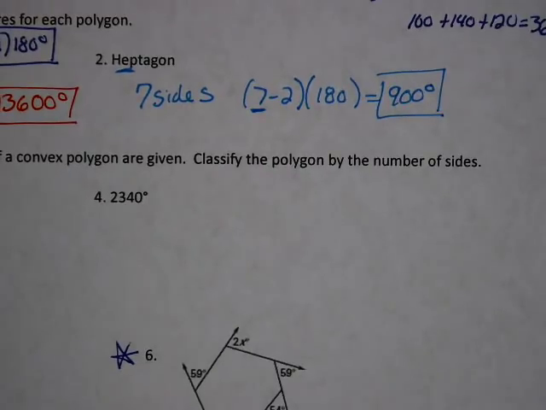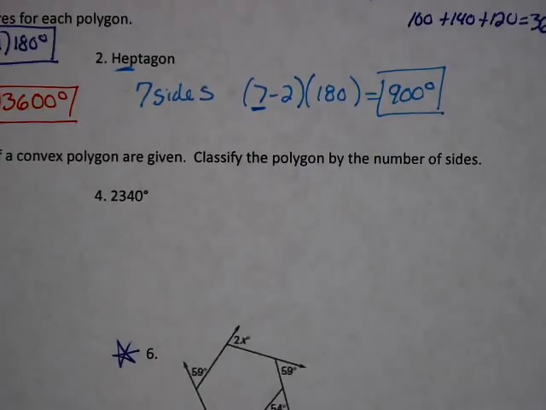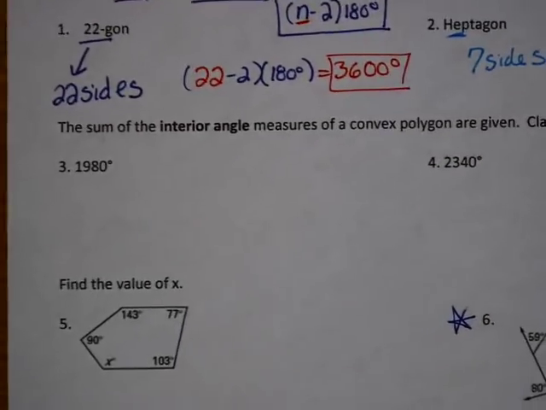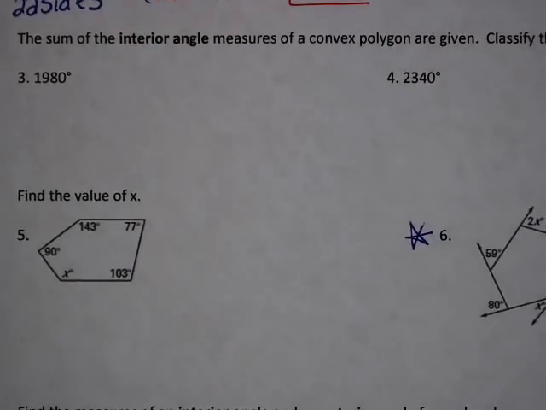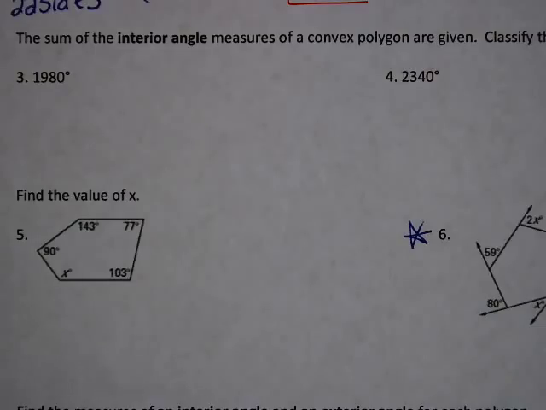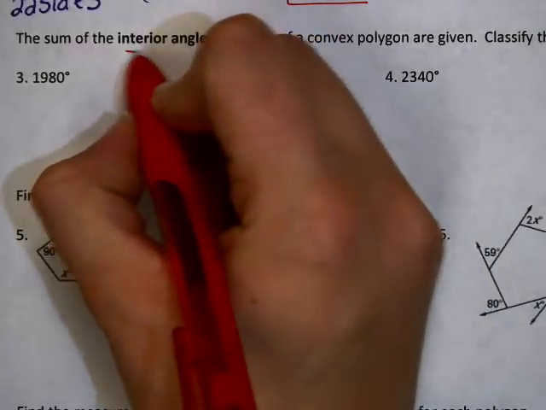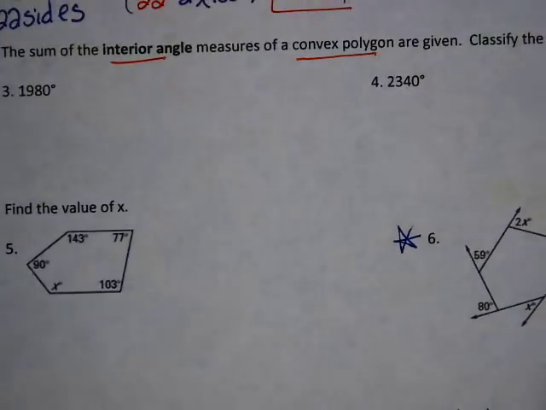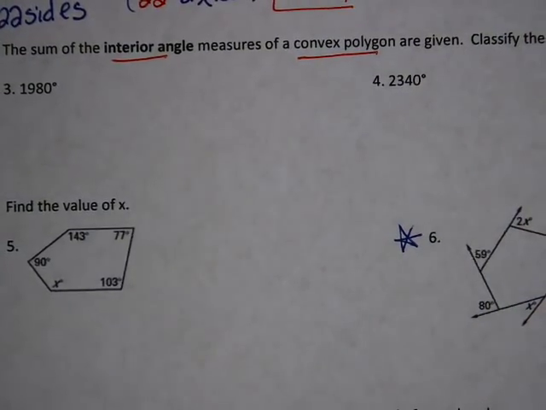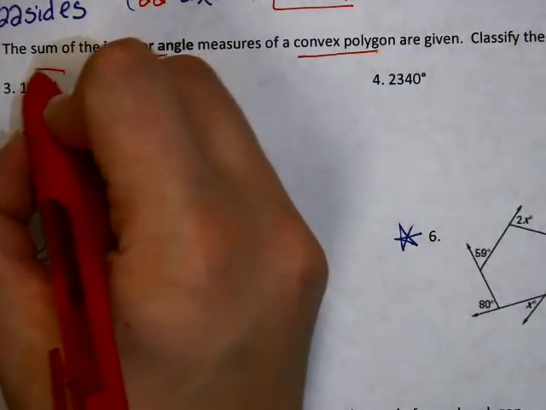Okay, let's take a look at our next example, number 3. Now we have the sum of interior angle measures of a convex polygon given. So this time we're working backwards.